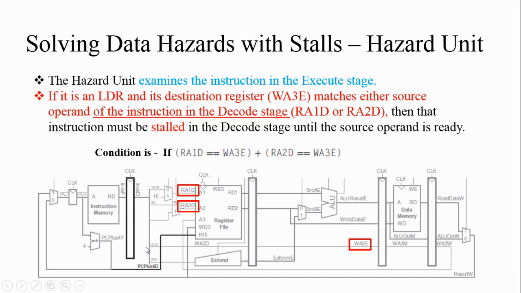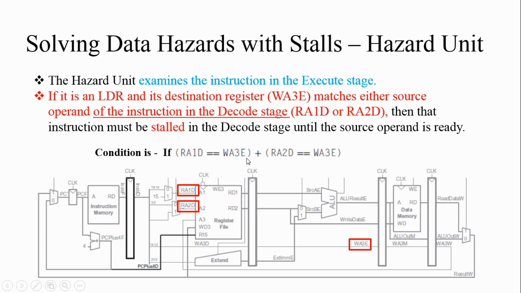According to LDR, you read data memory content and write it to the destination register, right? So the destination register is checked by this address. If the read register address of either operand equals the address of the output of LDR, then stalling should happen.